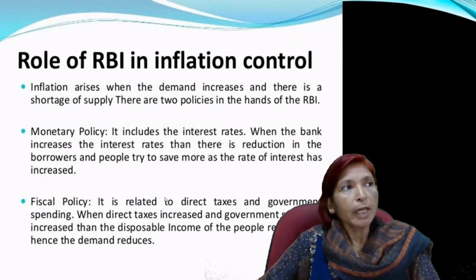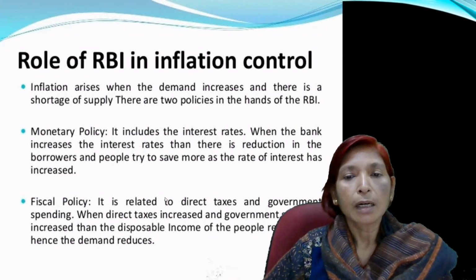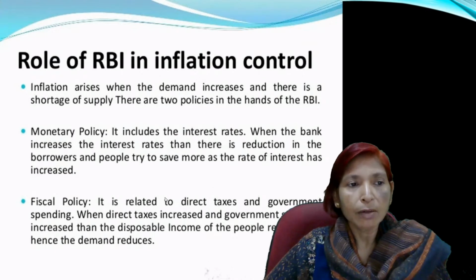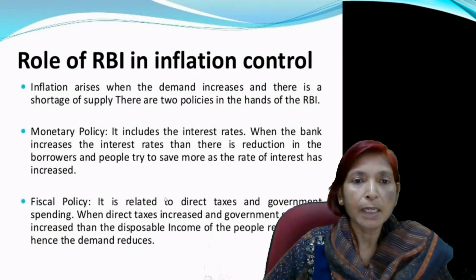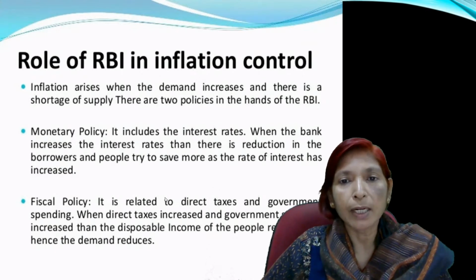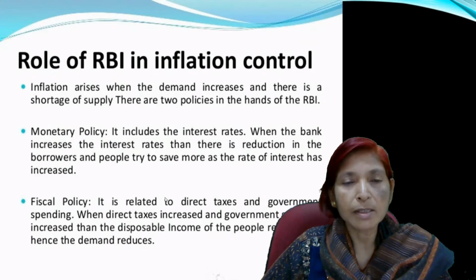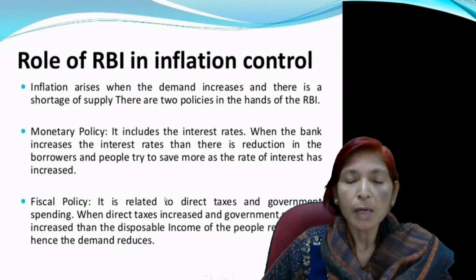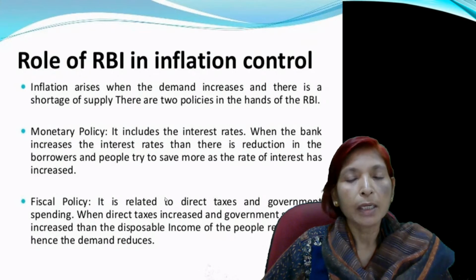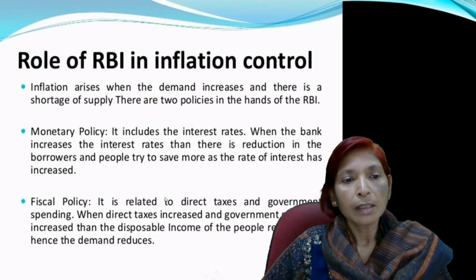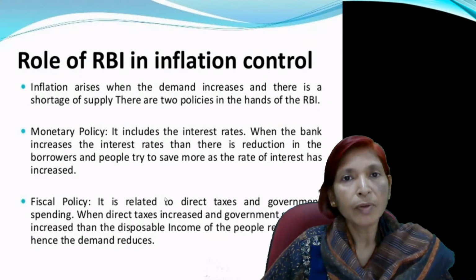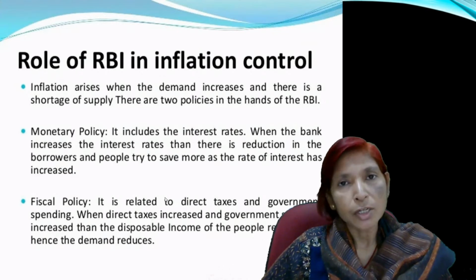So RBI can easily control the inflation situation of the economy. RBI has some instruments, qualitative and quantitative, which can control the inflation and deflation problems which exist in the economy. So RBI plays a very important role in India. The rest of the topics we will discuss in the next session.